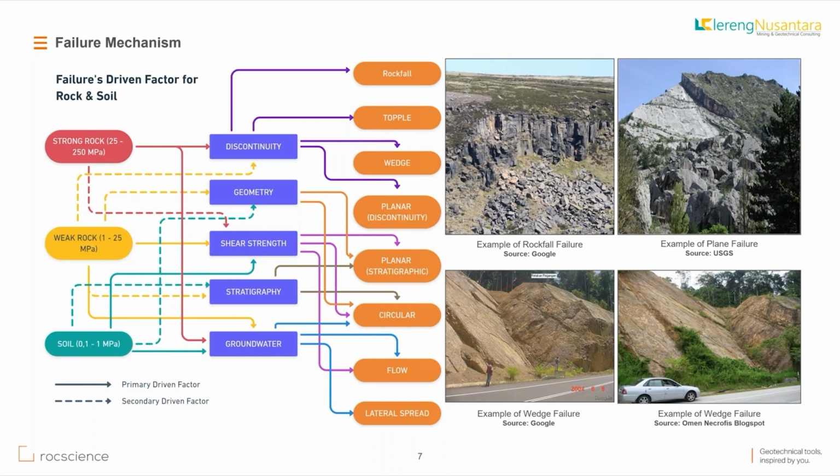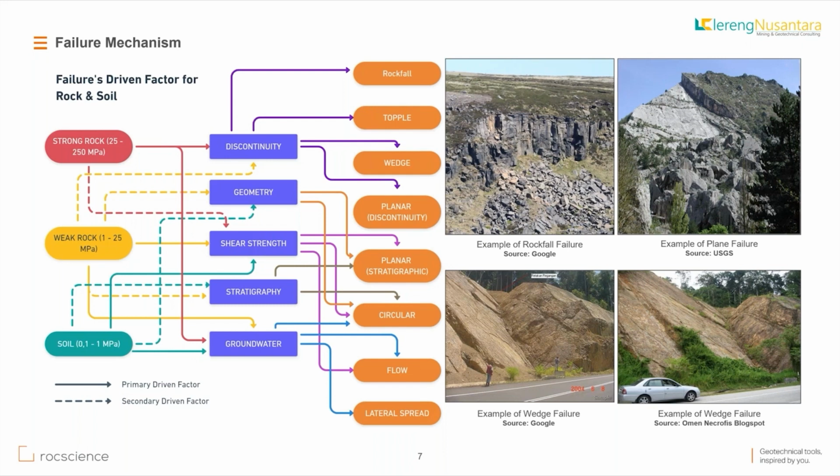The very basic thing to interpret the failure mechanism is to know what kind of material we need to deal with. Is it a strong rock? Is it a weak rock? Or is it a soil? Because each material has its own strengths and characteristics when connected to the failure mechanism type. And each type of material also has its own dominant failure driving factor.